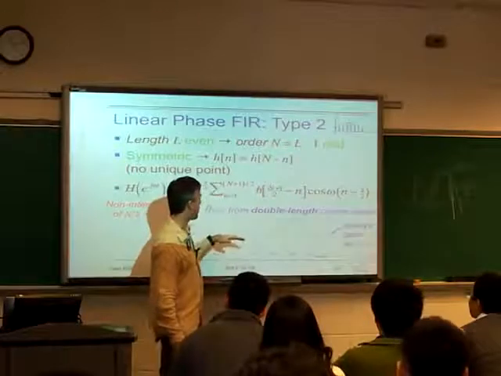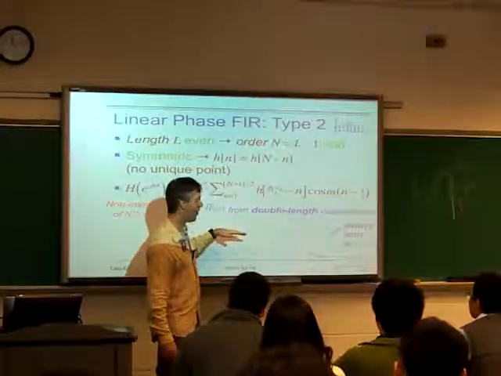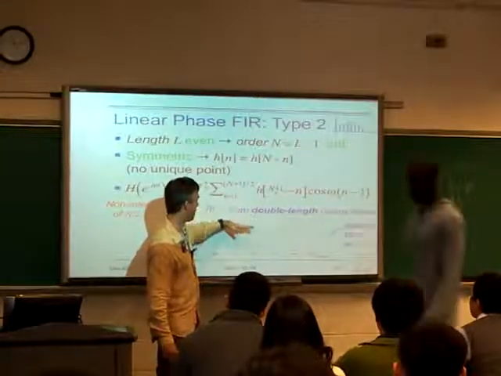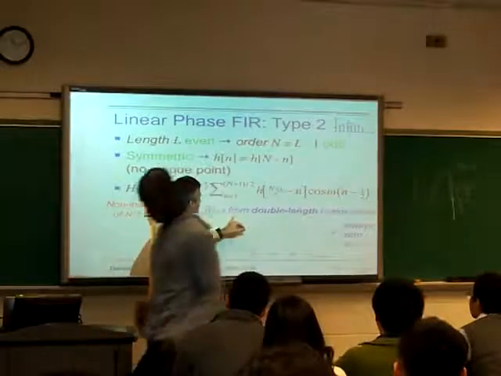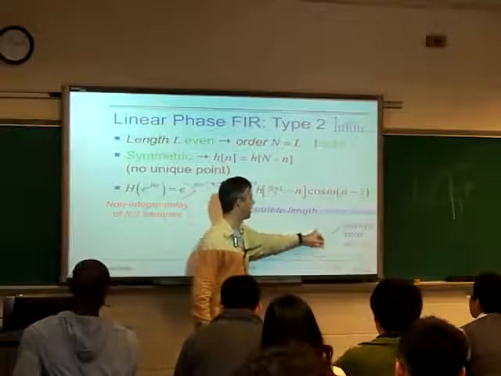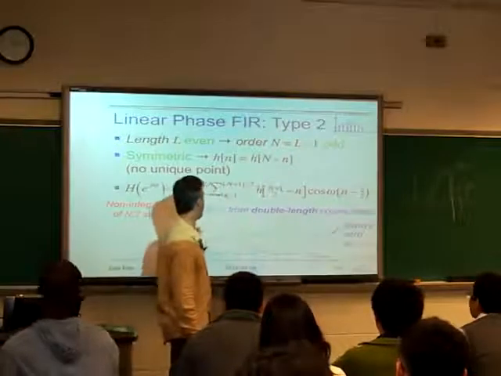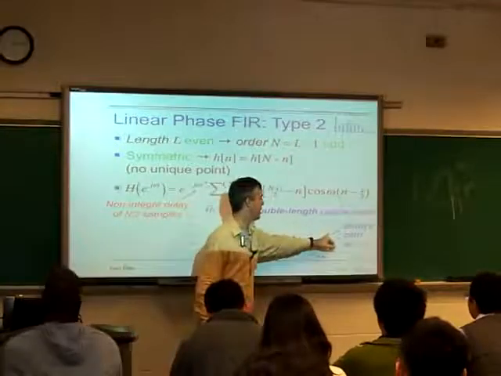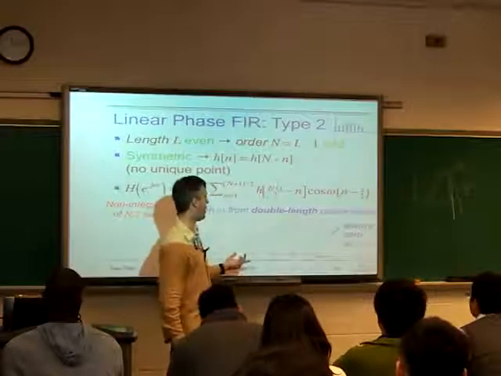And so whereas the lowest one in the type 1 filter was n equals 0, so it was just a constant value, here the smoothest one is this thing here, which actually is just a half cycle in the minus pi to pi range.